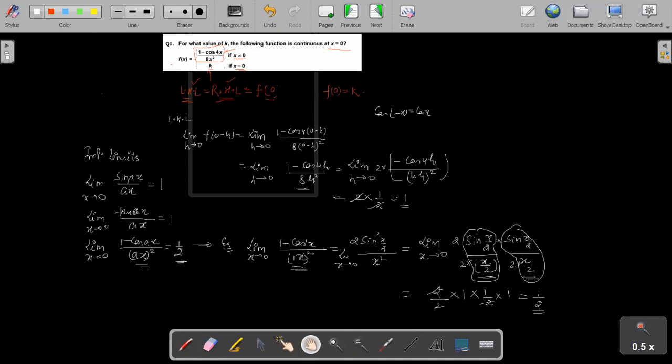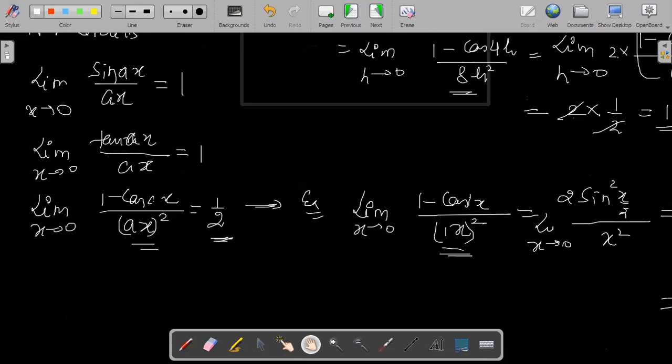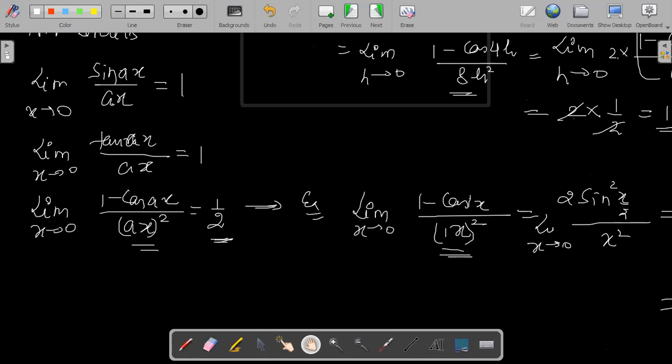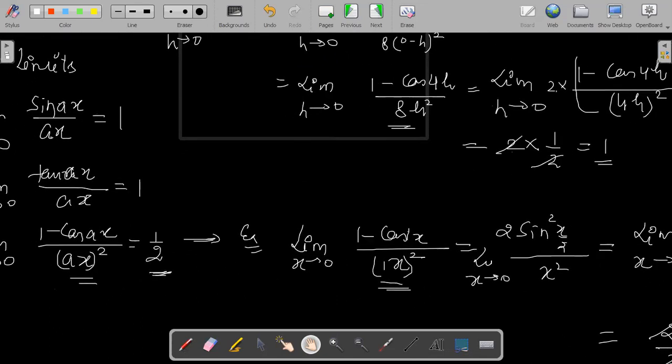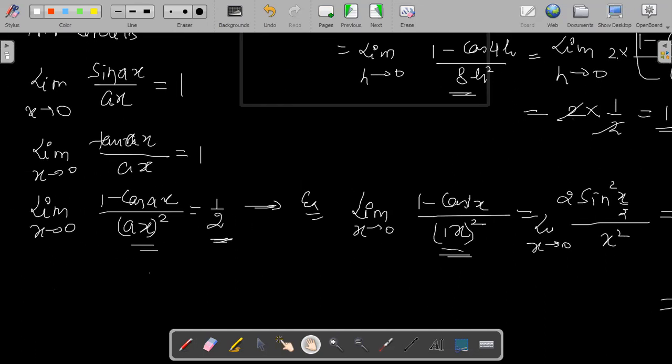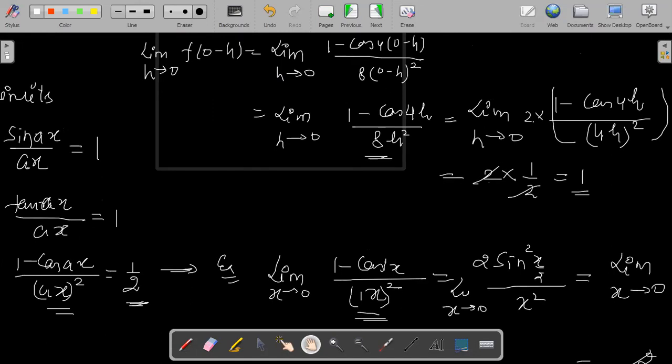Last two steps: I'm sure that if I'm having a with this x in the cos x in the numerator section, then we have to maintain a with the x in the denominator as well. That's why I have to change. If I want to write the answer of this part as 1 by 2, I have to change this part according to this one.